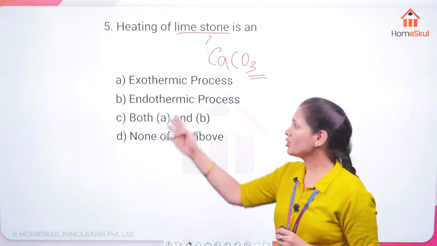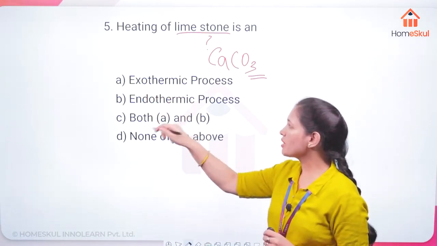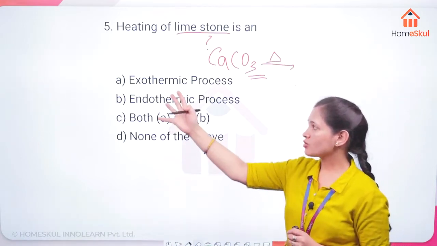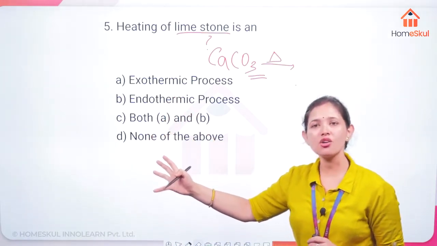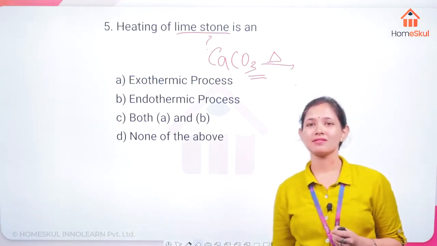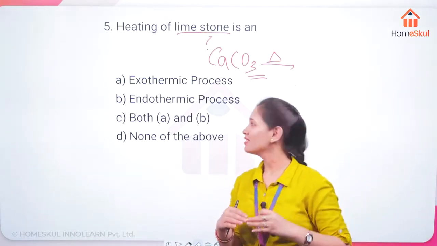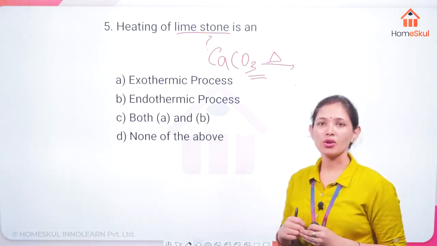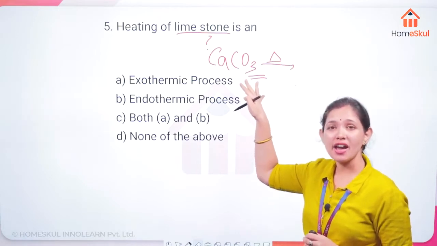Here you can see the options: exothermic, endothermic. You are heating it. Exothermic, endothermic, both are correct, none of the above. Which should be the correct answer? Write it fast. B, endothermic process. Very correct. This is a decomposition reaction.